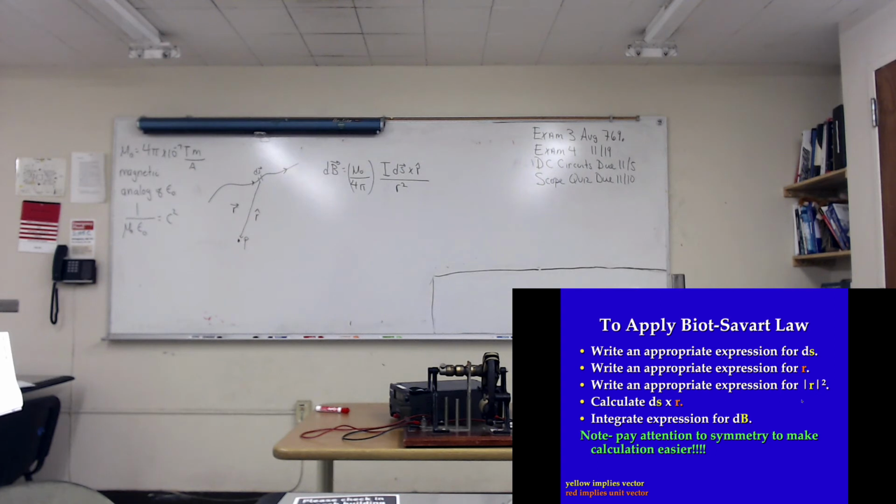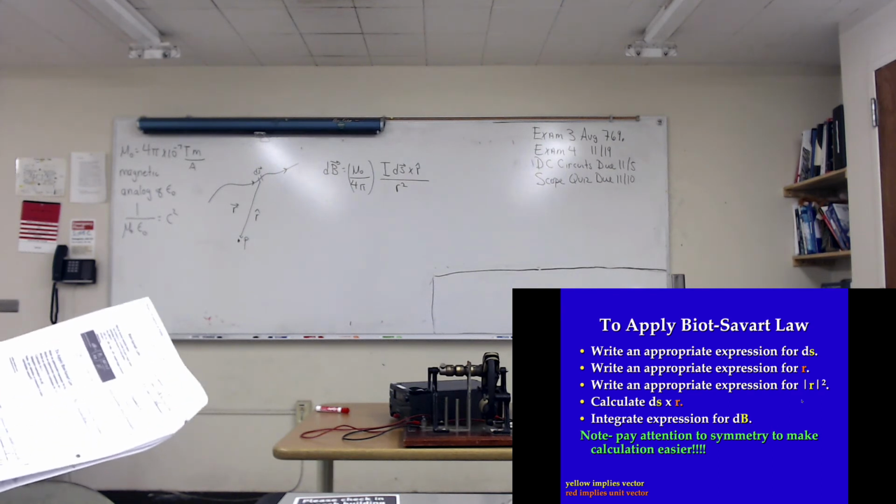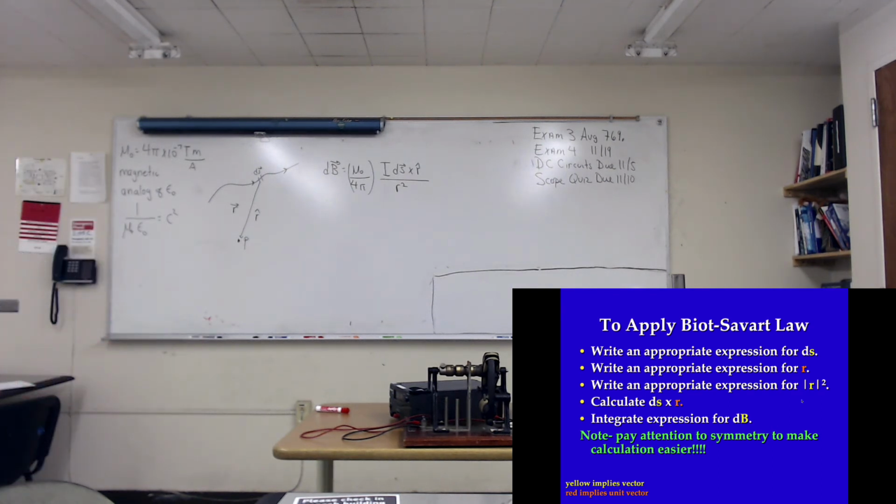Now, be careful, you can use symmetry arguments to make life easier for yourself. So when you're solving problems, I'm going to have a worksheet for this calculation too. So even chapter 30 has a worksheet. It'll be your last worksheet of the semester, okay? But I have one because you need to practice using the Biot-Savart law.